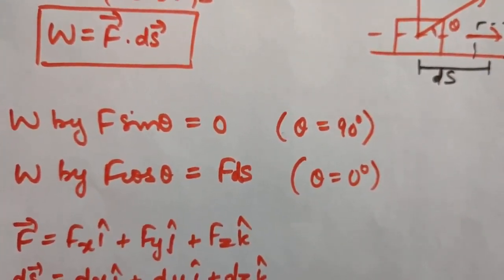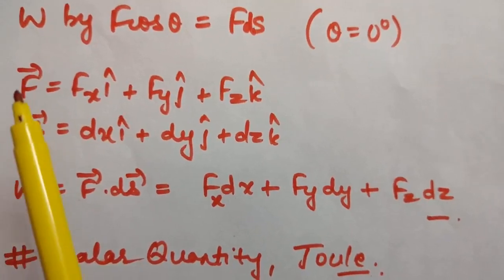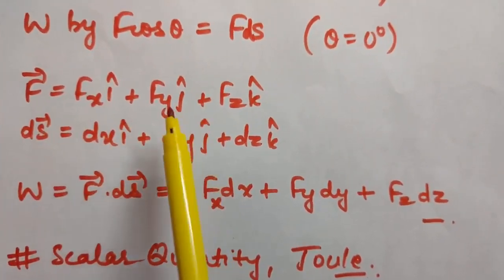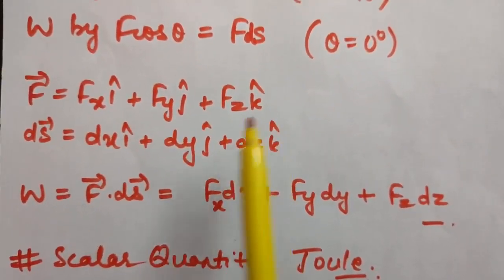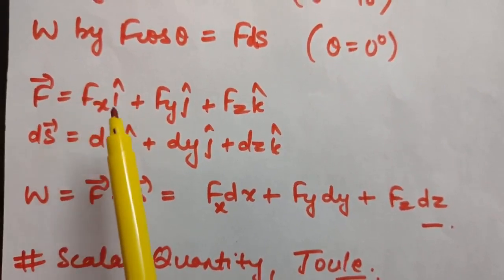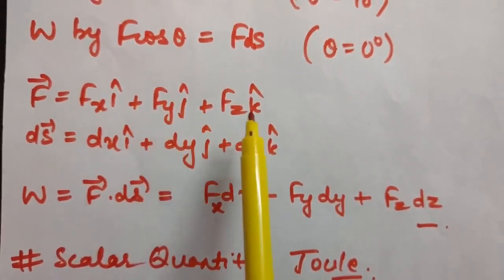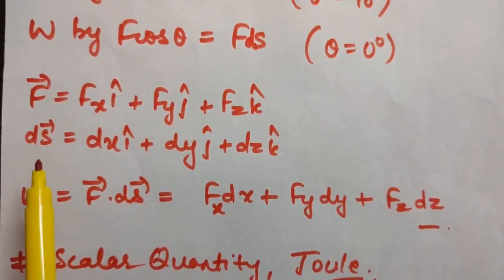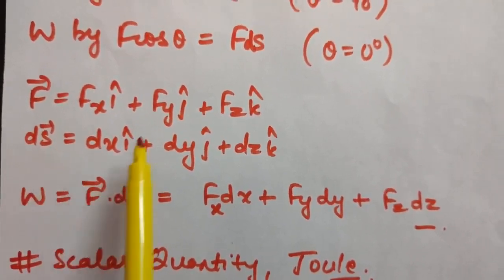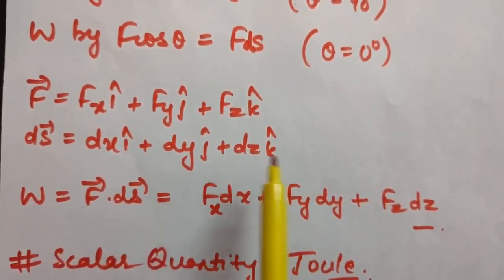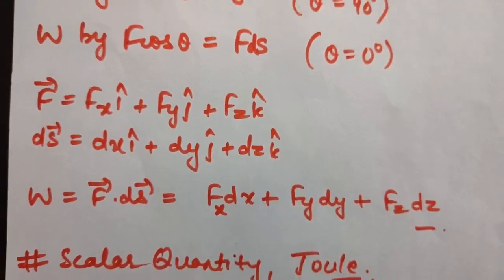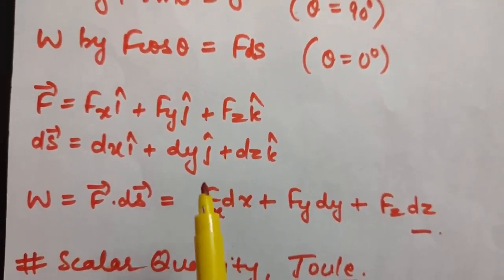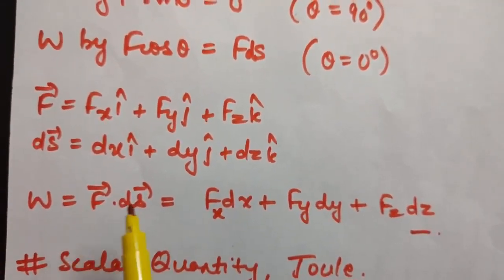Now suppose F is denoted by Fx i cap plus Fy j cap plus Fz k cap, where Fx is the component of force in x direction, Fy in y direction, and Fz in z direction. And as you know, ds is denoted by dx i cap plus dy j cap plus dz k cap. So work done, if I calculate it in terms of components, is F dot ds.